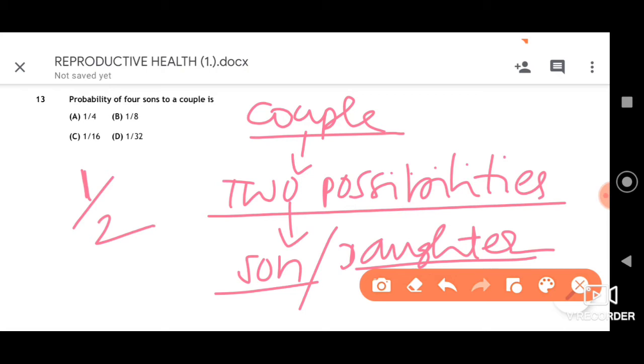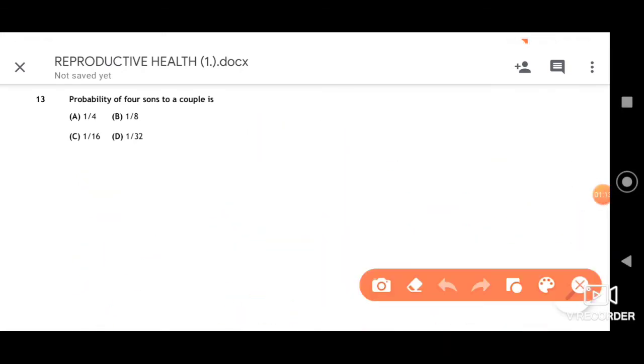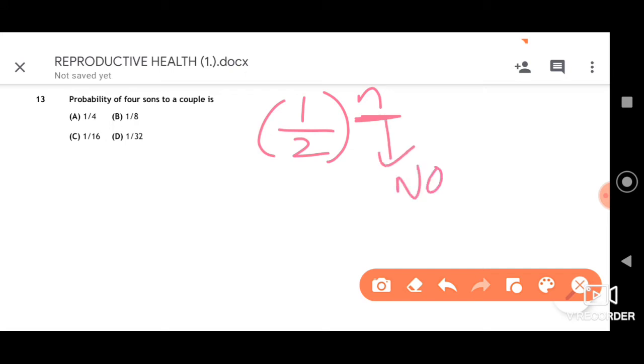Now let me say the probability for each child is independent of each other. Generally we can represent it like this: 1 by 2 to the power n. Here n represents the number of children.